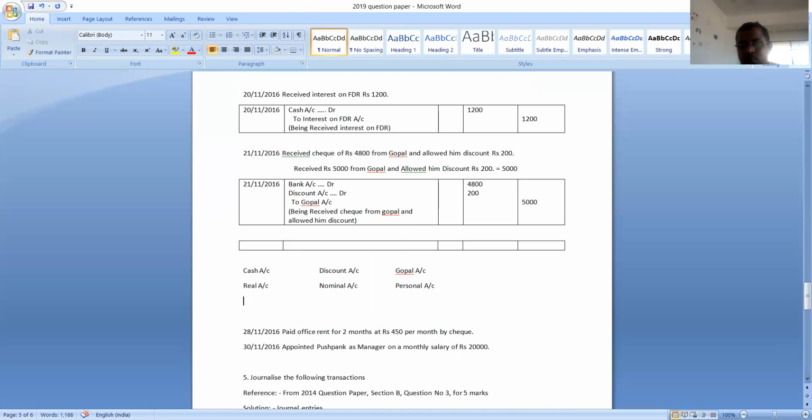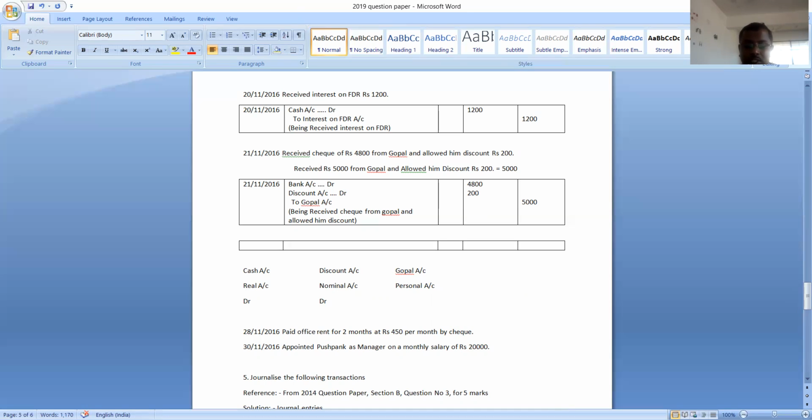Debit what comes in, credit what goes out. Received rupees 5,000 from Gopal means cash comes in, so cash account should be debited. Discount means it is lost to us. As per nominal account, all expenses and losses should be debited, so discount account should be debited.